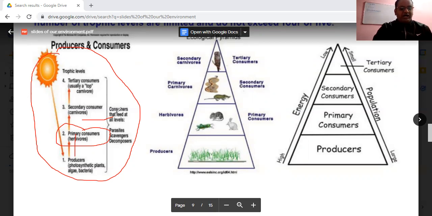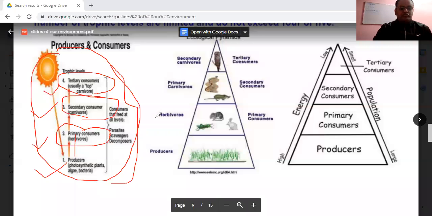The herbivores are eaten up by the carnivores, who are the flesh eaters, and at the fourth level, the top carnivores are there. So what is a trophic level? Each and every step of the food chain, like producer, primary consumer, secondary consumer, tertiary consumer, is called a trophic level.